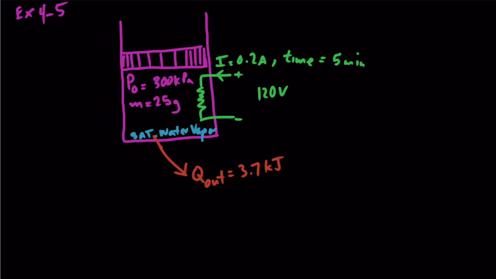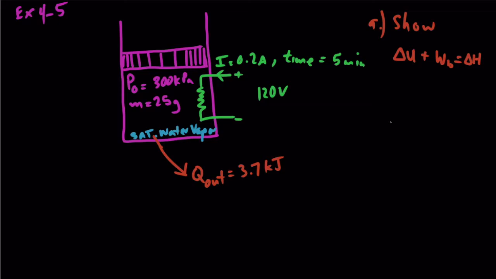Okay, so now we have to start solving problems here. It says A, we have to show that delta U, it's a capital U, plus the boundary work is equal to delta H. If you remember from chapter 3, H is enthalpy.